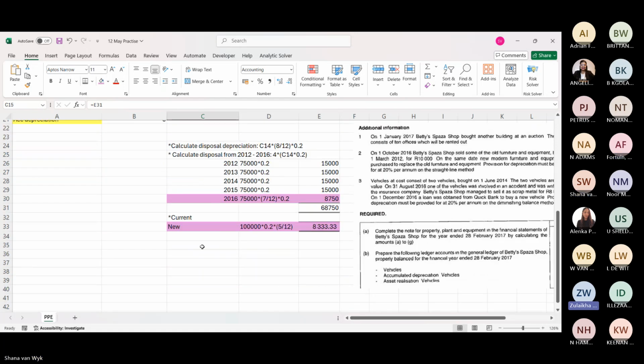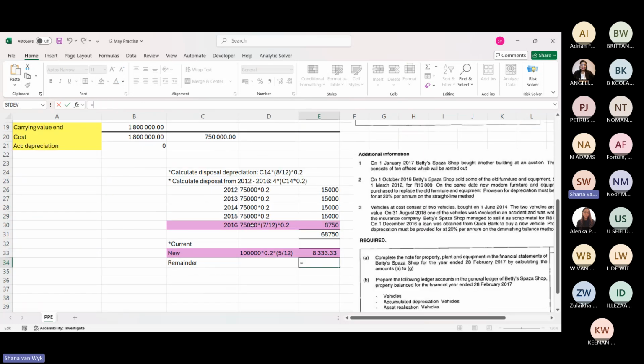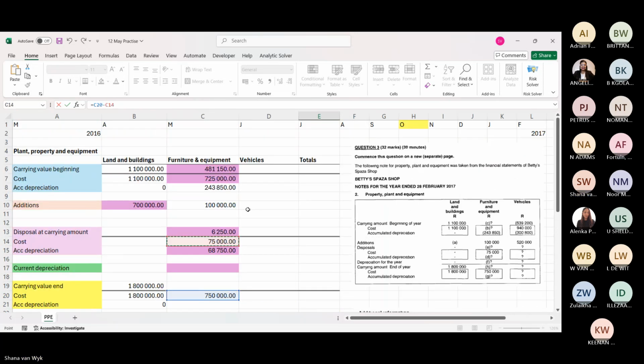The remainder of the equipment is your 750 minus your 100,000. 750 at the bottom, minus the 100 is 650, minus the 75,000 of your disposal. 750 minus the disposal and the additions.